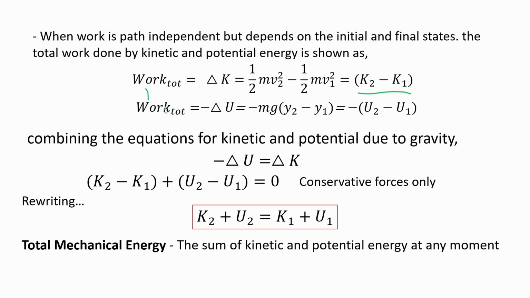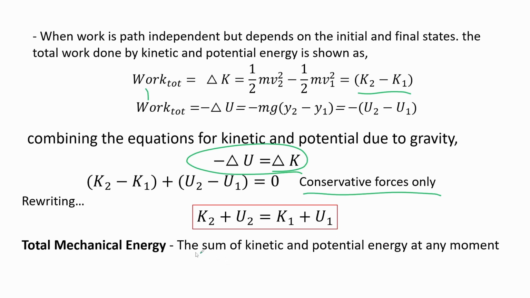So if these are equal, we can equate both. So we have K2 minus K1 plus U2 minus U1 equal to 0. But these are for conservative forces only. We can rewrite and group the similar states, like K1 plus U1 is equal to K2 plus U2.